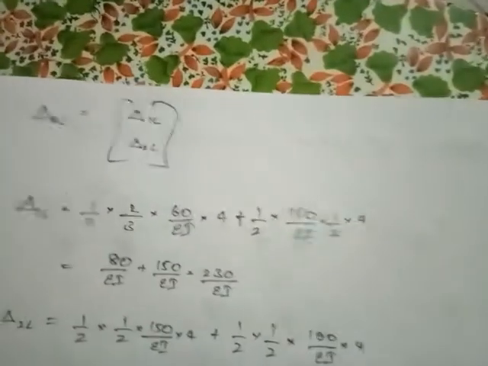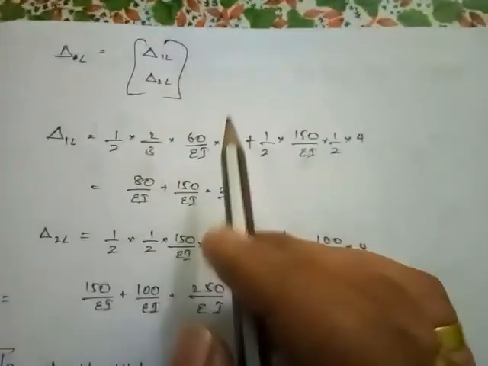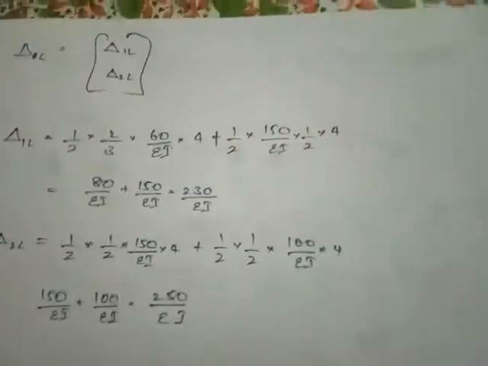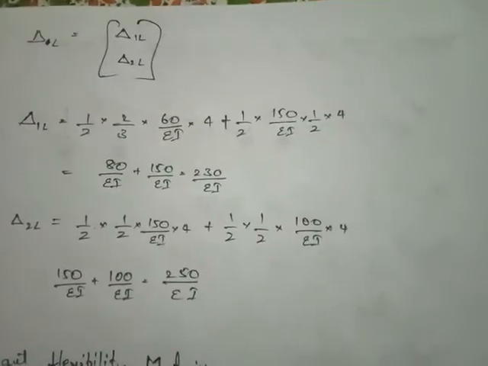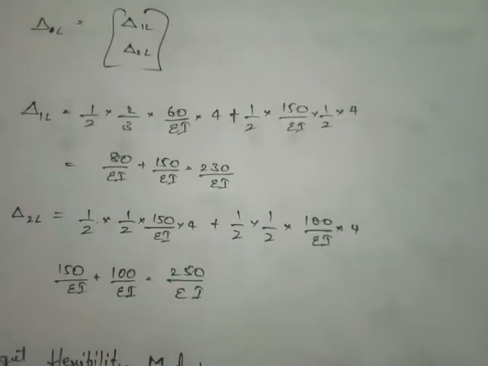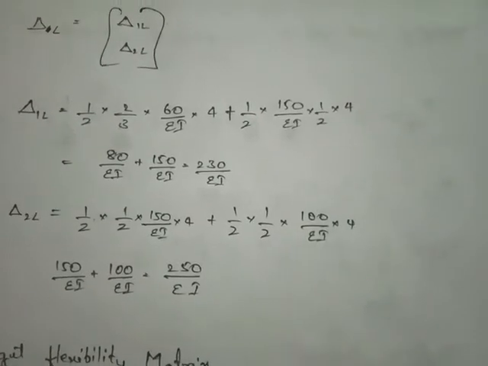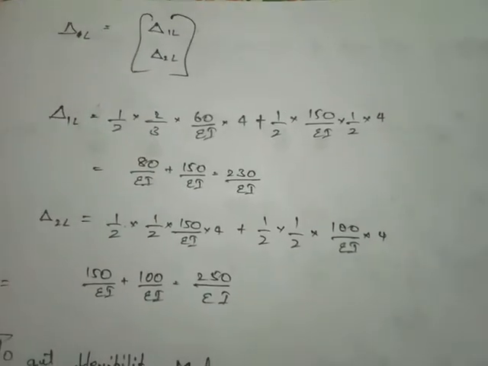Next, after that, forming the delta matrix. In the previous class, you have seen the formation of the delta matrix with respect to flexibility, when we were defining differences between matrices.